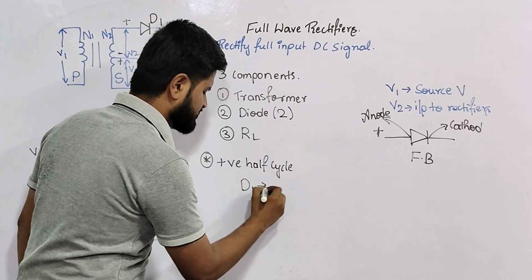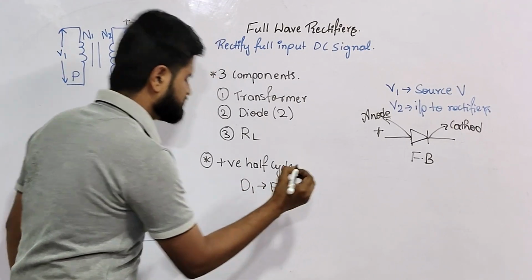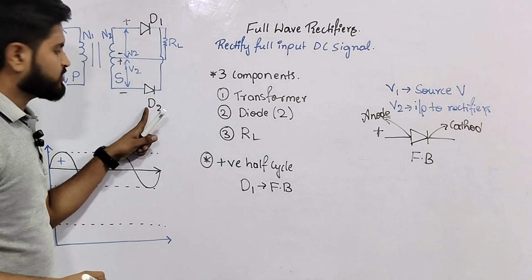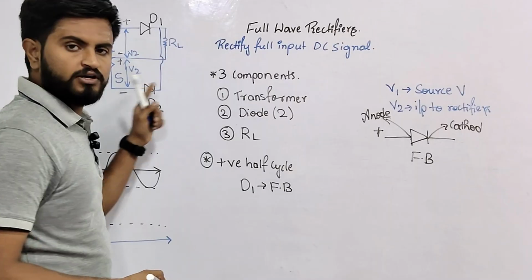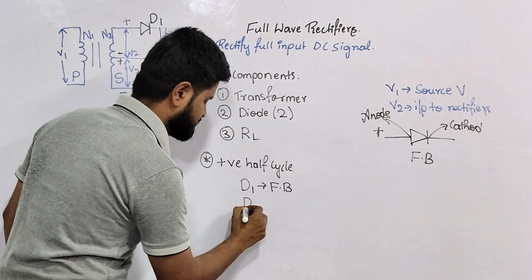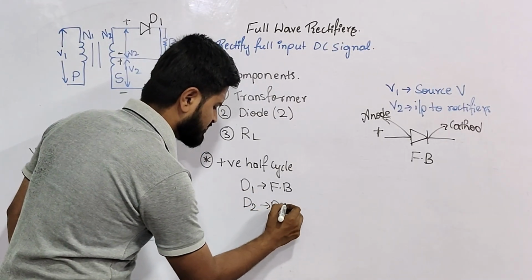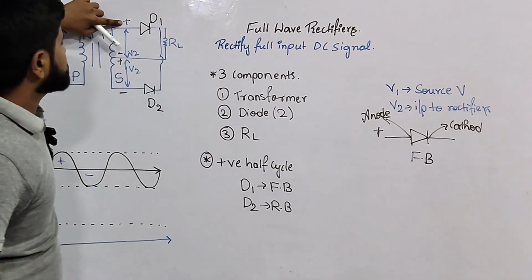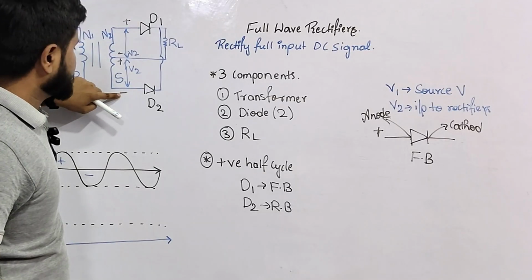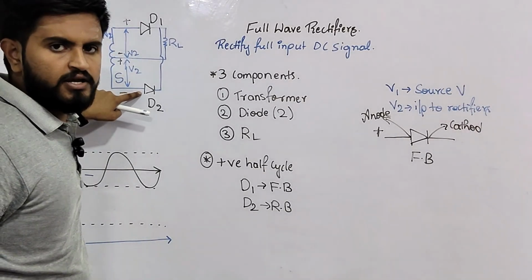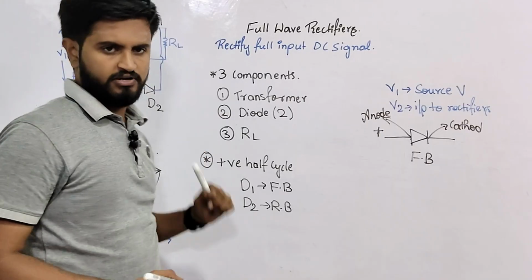Next, for diode D2, minus is connected to the anode, so diode D2 will be reverse biased. If positive is connected to the anode of a diode, it will be forward biased. If negative is connected to the anode of the diode, then it will be reverse biased.